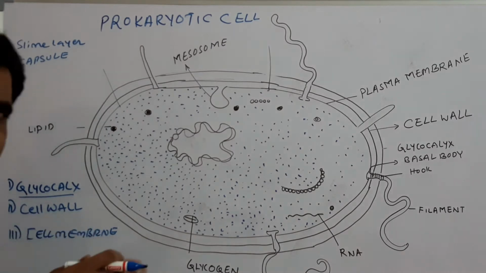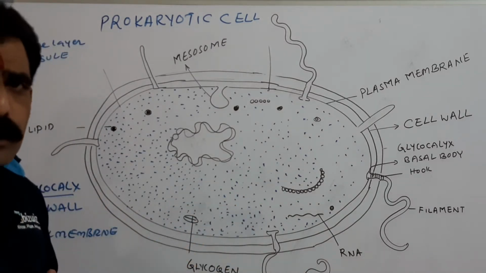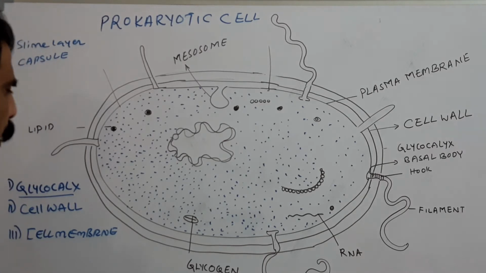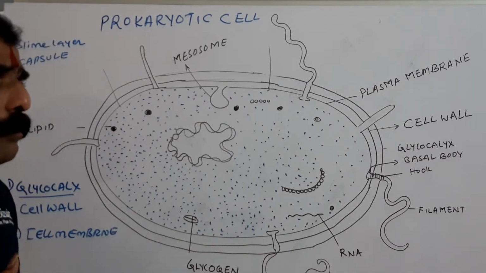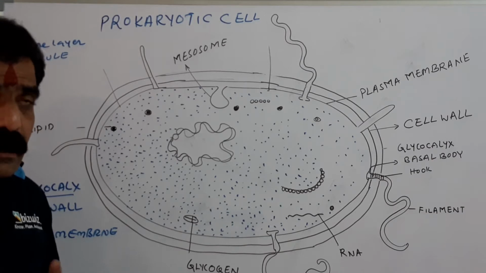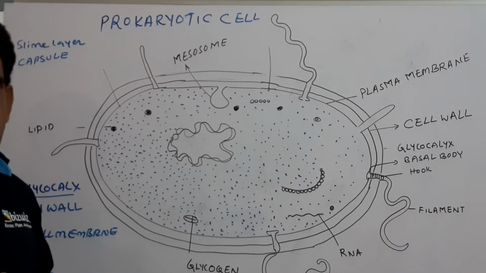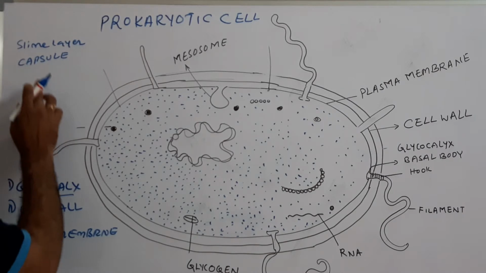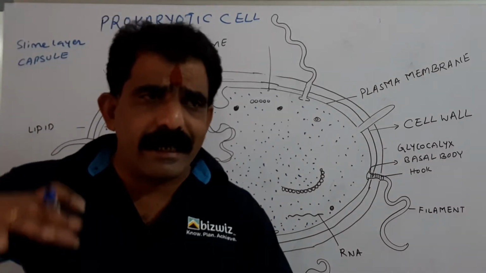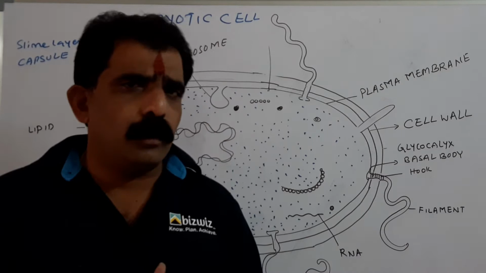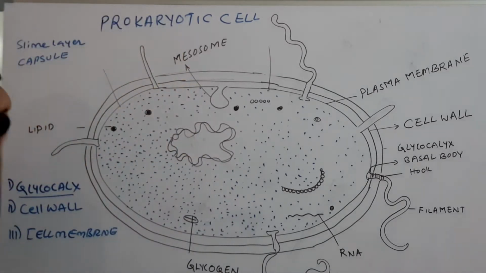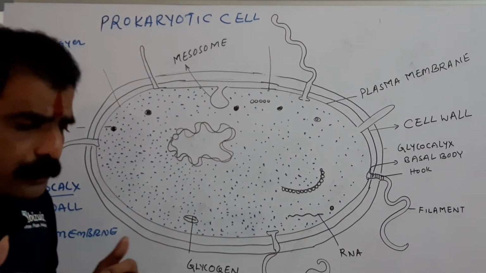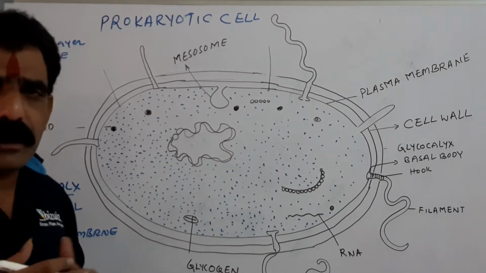If glycocalyx is attached loosely to the cell envelope, then it is called a slime layer. The slime layer is responsible for preventing the bacteria from desiccation and loss of nutrients. Whereas if the glycocalyx is attached firmly, tightly to the cell envelope, then it is considered a capsule. The capsule gives a sticky and gummy nature.